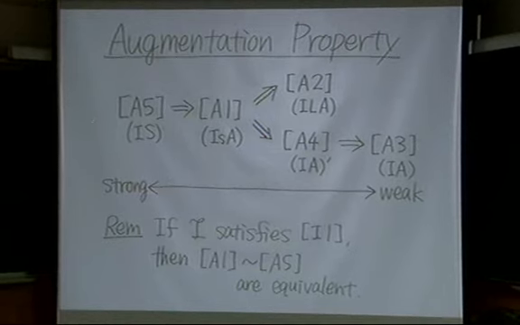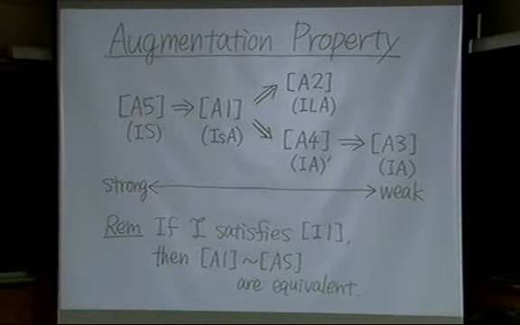Set theoretically, these 5 properties have the following relation. The 5th one is the strongest. This implies A1, and A1 implies A2, and also A4, and A4 implies A3. This is the weakest, and this is the strongest. And this is just set theoretically. But if script I satisfies I1, then all 5 augmentation properties are equivalent.